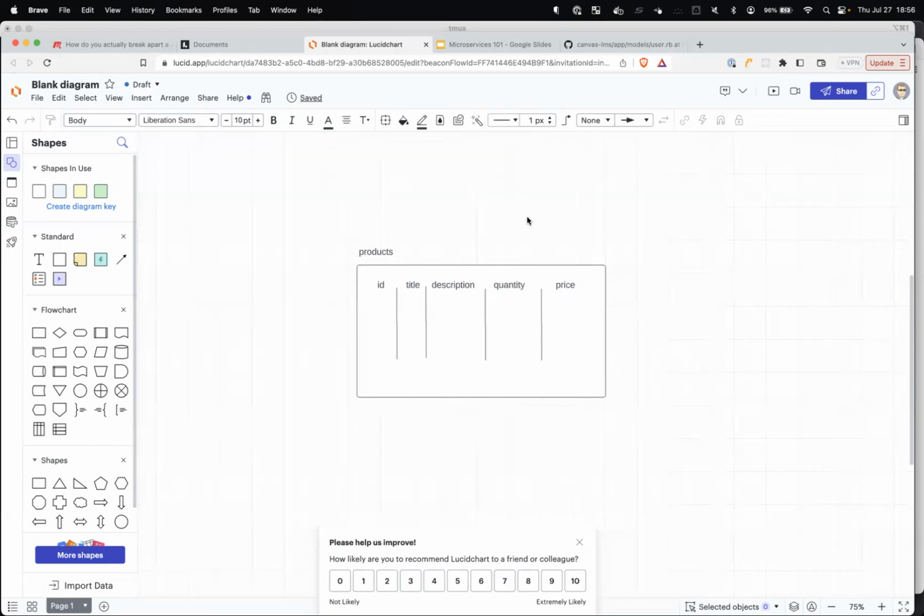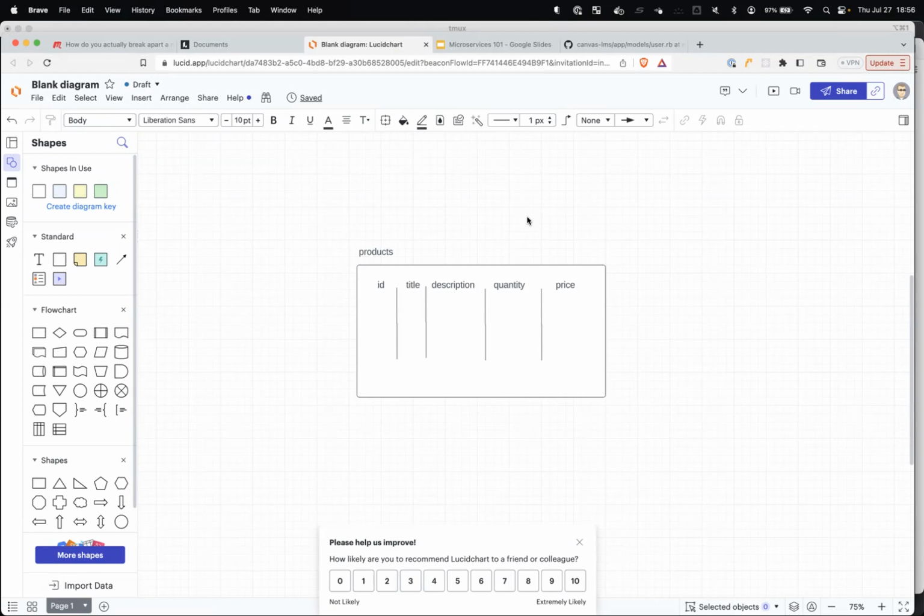And the question is, which of these need to have transactional consistency with one another? Does the price care about the description of the product or vice versa? Is there some requirement that relates description and price together in real time? Or price and title, or quantity and description?